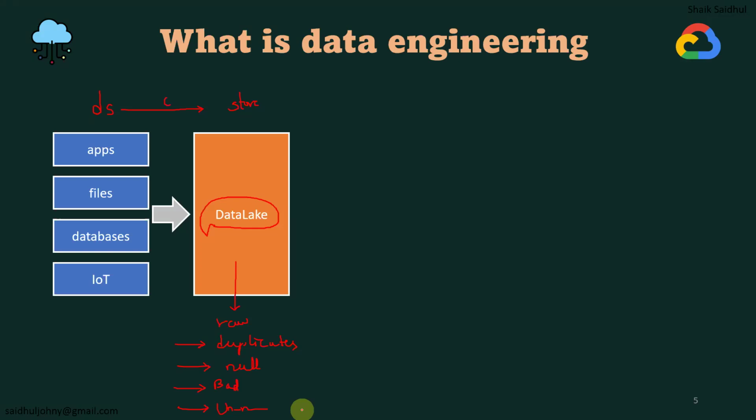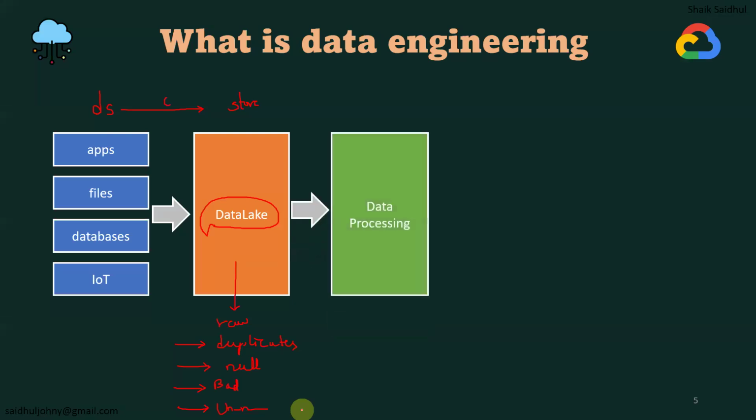That is the reason, before analyzing the data, we do data processing. This is more of cleaning the data, enriching the data. So before we analyze the data, we process and transform it, where we handle or remove the duplicates, handle the null values, remove the bad records, and remove the unnecessary columns.